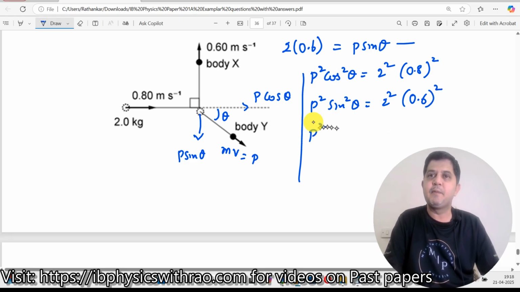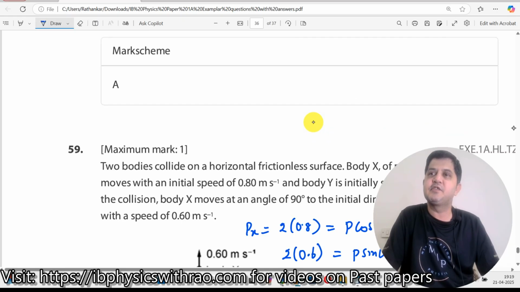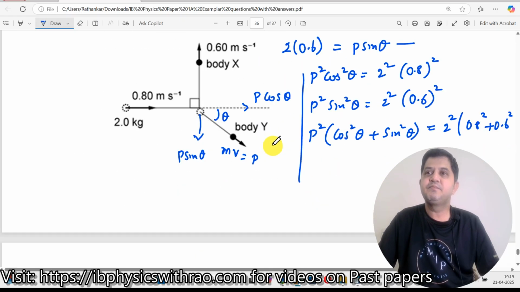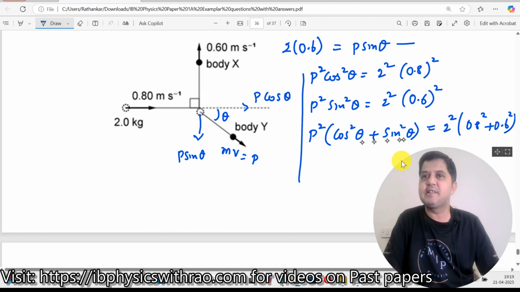When I add, p square into cos squared theta plus sin squared theta is equal to 2 square into 0.8 square plus 0.6 square. What is cos squared theta plus sin squared theta? Trigonometric identity. It should be 1.